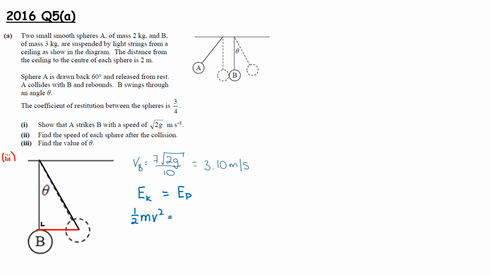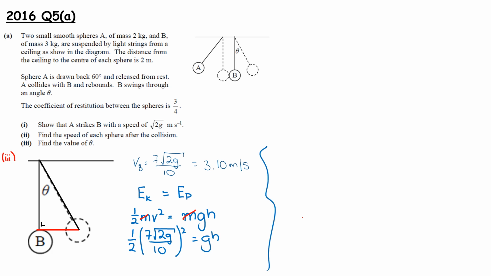mv squared, and I have the speed above, should be equal to mgh. I'm going to put it in terms of g, and I'm going to get rid of our m's. So that is a half times 7 root 2g all over 10, and that's squared, and that's going to be equal to gh. So when we do that, we get 49 times 2g all over 200 is equal to gh.